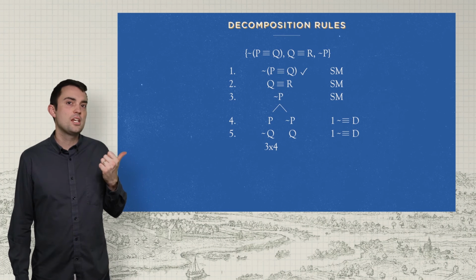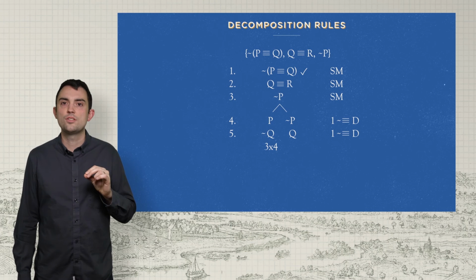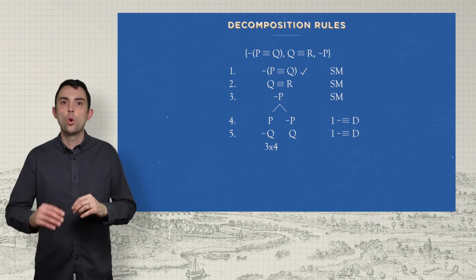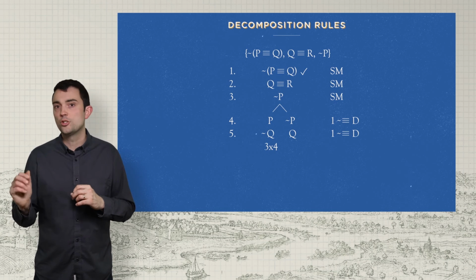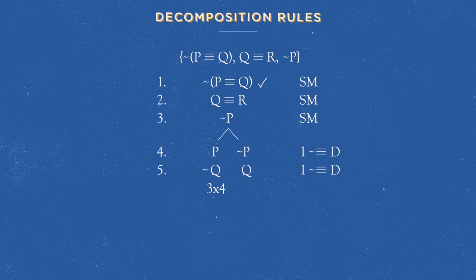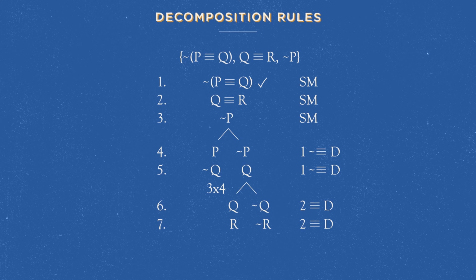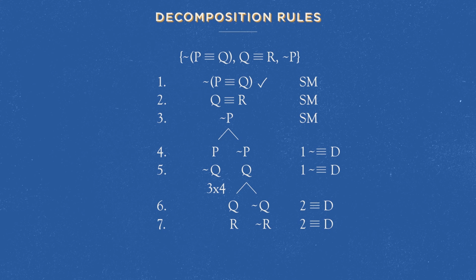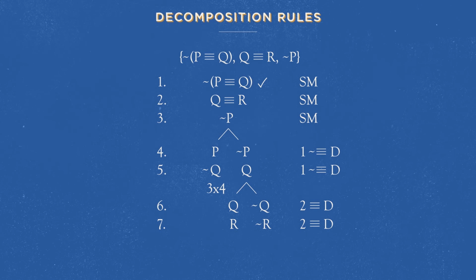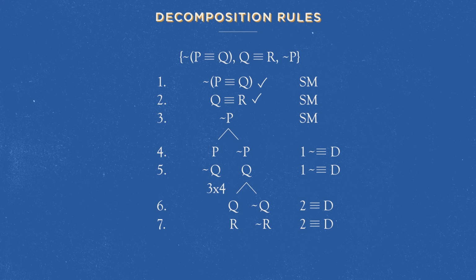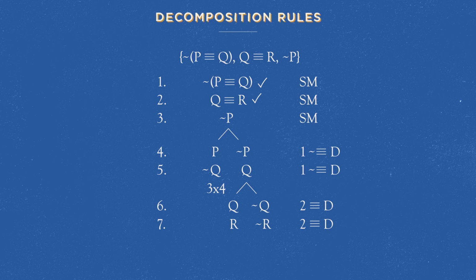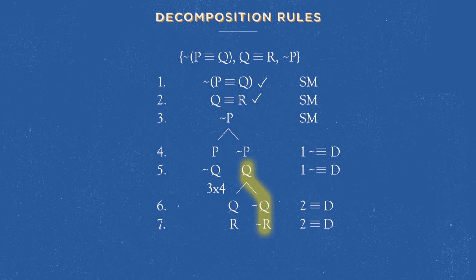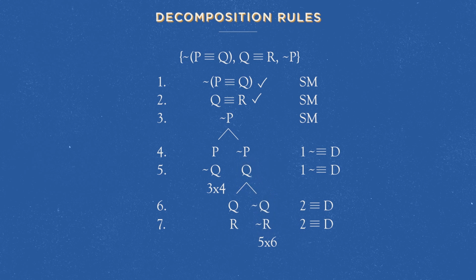A biconditional decomposes into the 2 propositions, one above the other, or, on the negated branch, the negation of the 2 propositions. Q if and only if R decomposes into Q and R, or not Q and not R. We label that as 2 biconditional decomposition, and we check that off. Now we see a contradiction on this branch, the right one. Line 5 contradicts line 6, so we can close that branch.